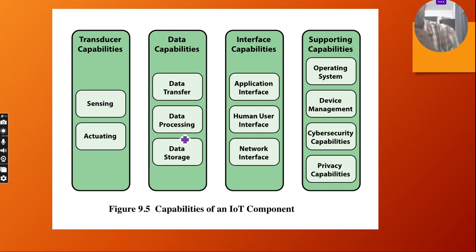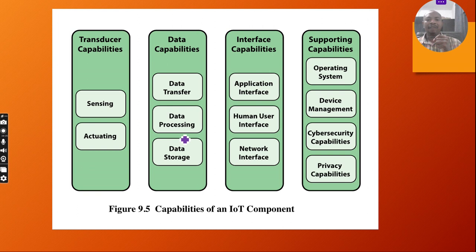These are the capabilities of the data in this environment. Then the third segment is the interface capability. Here, all the smart devices on the Internet of Things are able to carry out what we call the application interface. They're able to operate using application software and application interfaces.